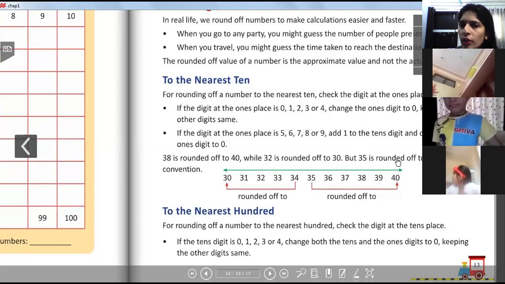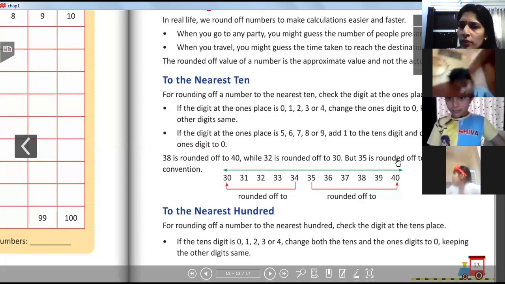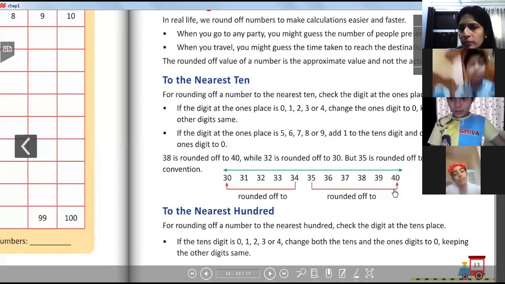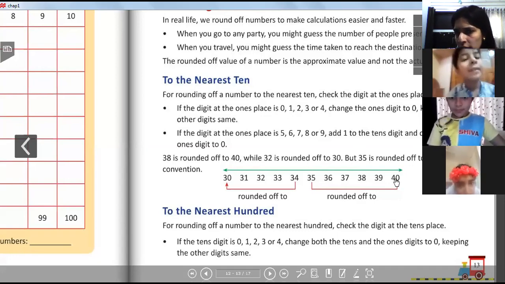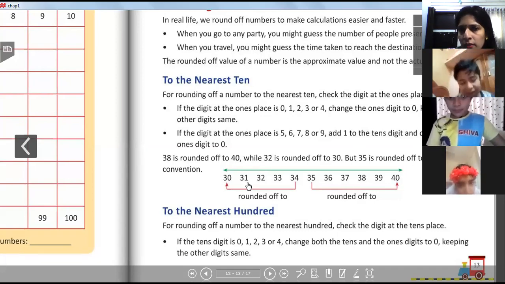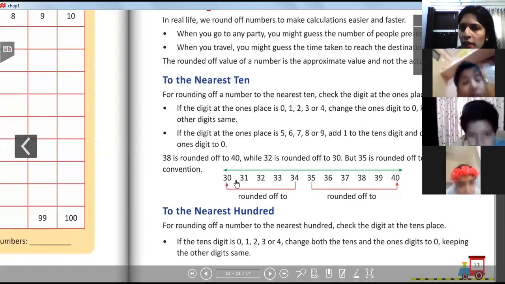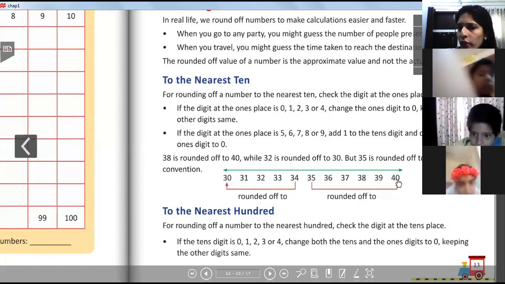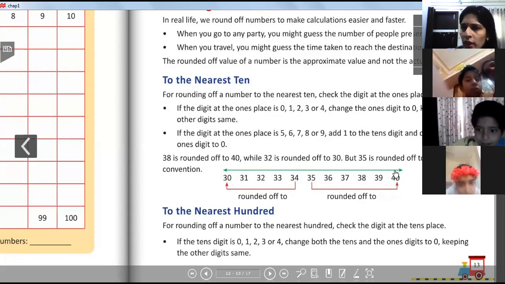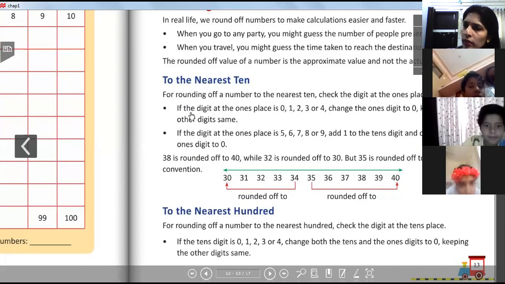So 35 is rounded off to 40. Okay, 35 will be rounded off to 40, 32 will be rounded off to 30, and 38 will be rounded off to 40. So these are the two rules which you have to keep in your mind.